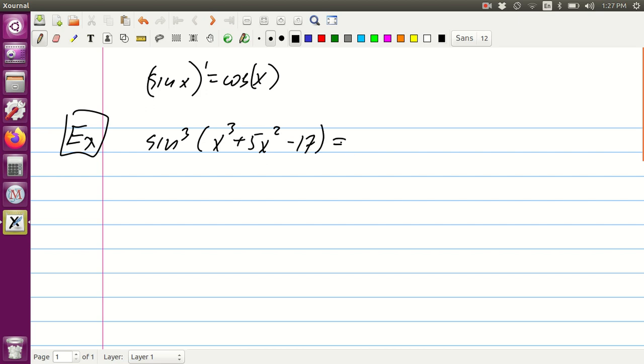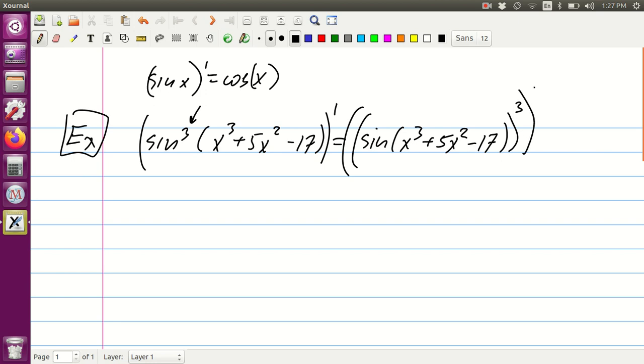As we know, this cube over here is just an abuse of notation. So theoretically speaking, it should have been written as sine of x cubed plus 5x squared minus 17, expression cubed, and we would like to find the derivative of it. As I explained in class, to find the outside function we try to plug in x.